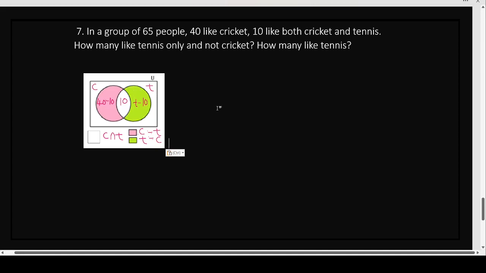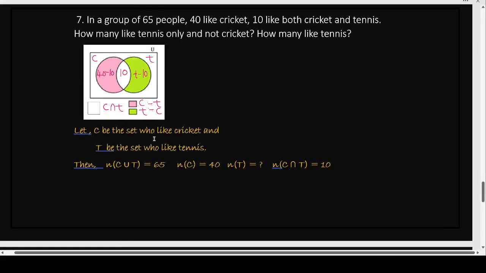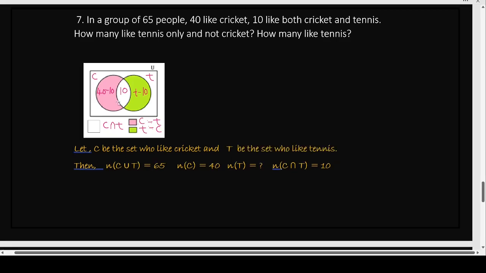Right? Now we'll solve the problem with the equations. Let C be the set of people who like cricket and T be the set of people who like tennis. Then, with the usual notations, n(C union T) is 65.